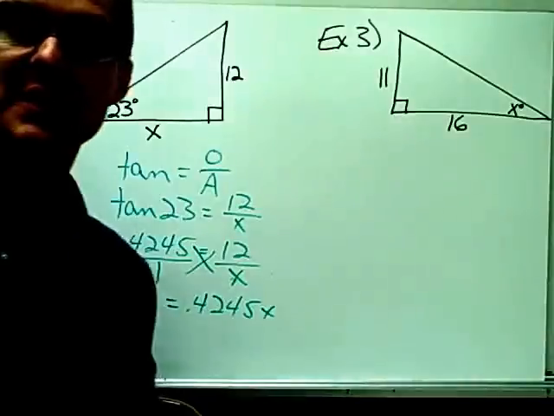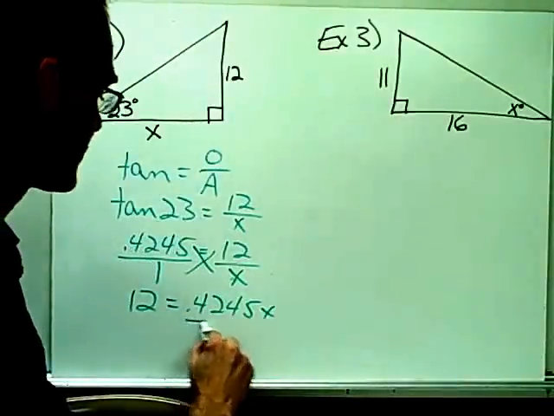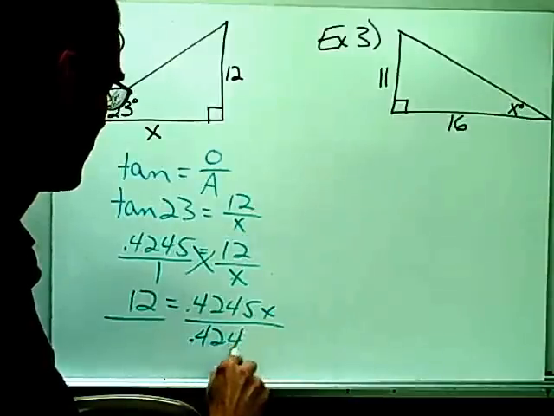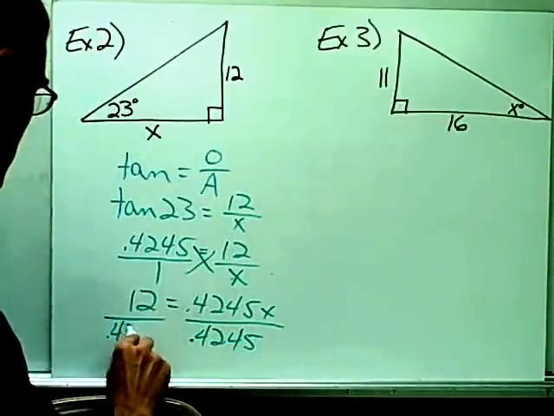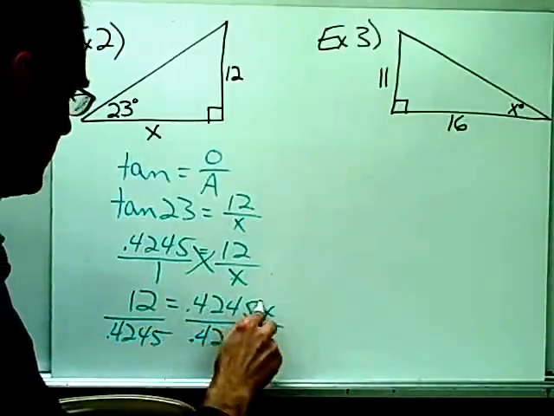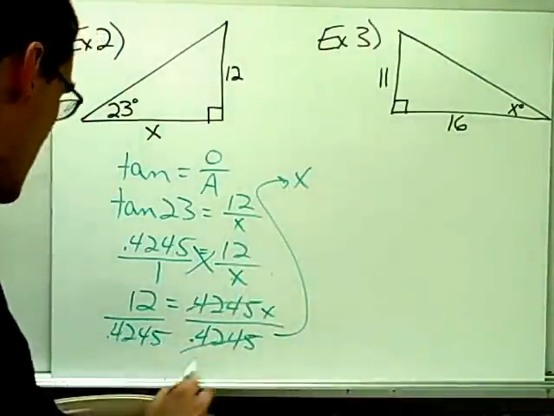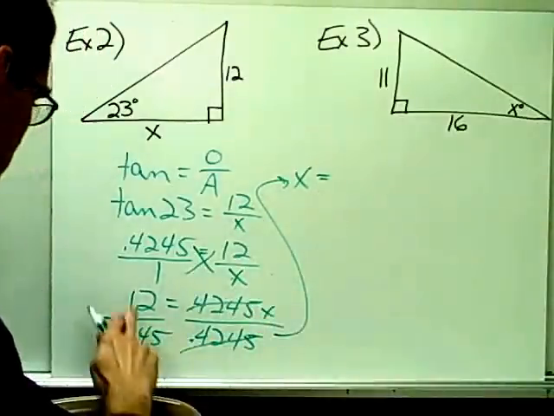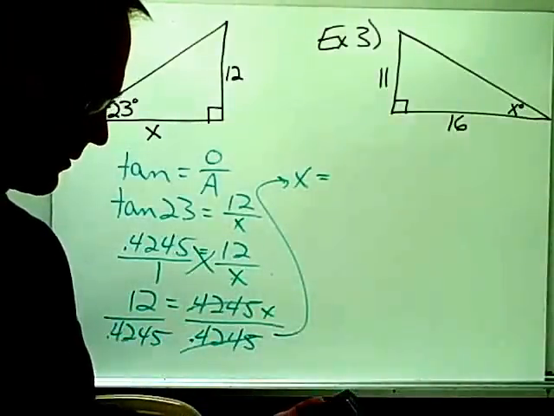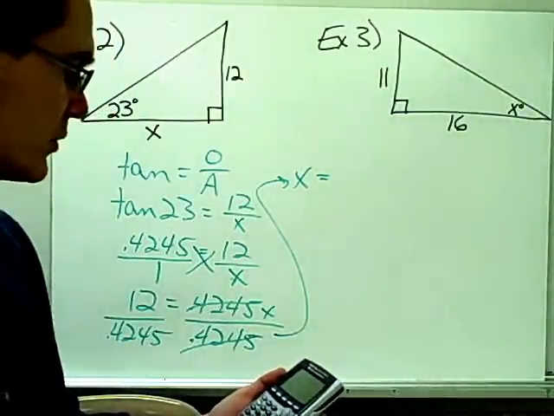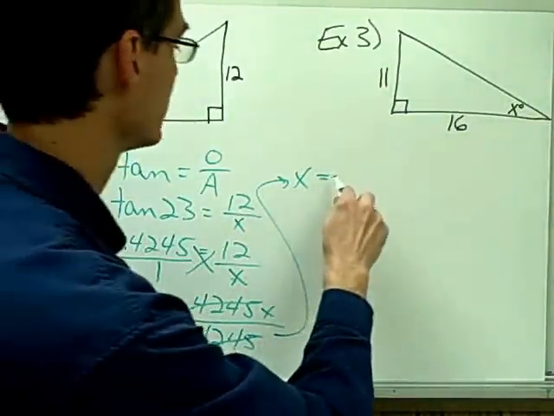Now I need to divide both sides by 0.4245 so that I can get my x by itself. So these cancel, and I'm left with x equals 12 divided by 0.4245, which is 28.27 degrees.